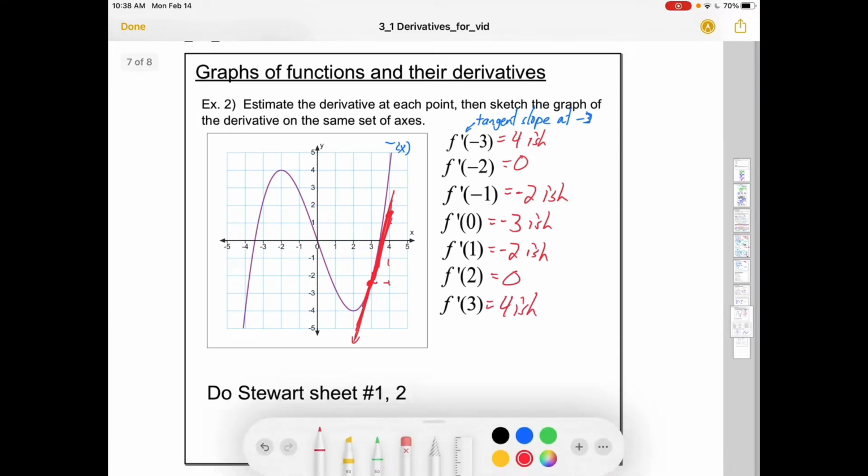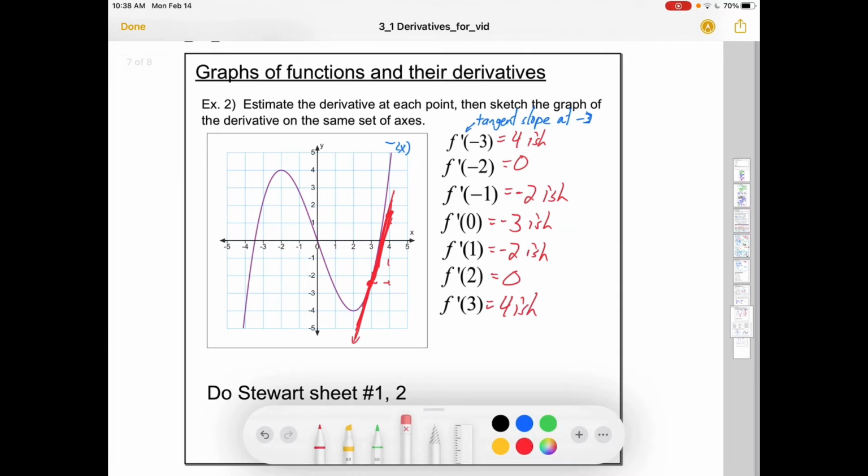So if I were to graph all those points, then I'd have what the derivative looks like. At negative 3, there's a slope of 4. At negative 2, there's a slope of 0. At negative 1, there's a slope of about negative 2. At 0, there's a slope of about negative 3. At 1, there's a slope of about negative 2.